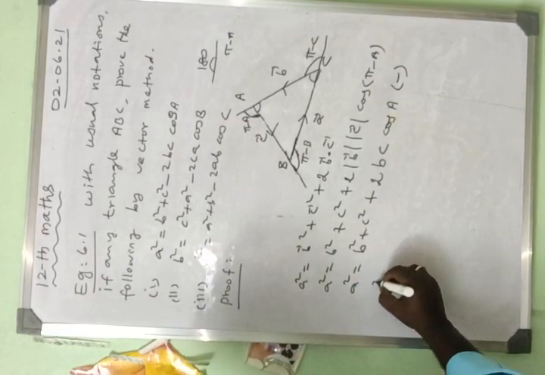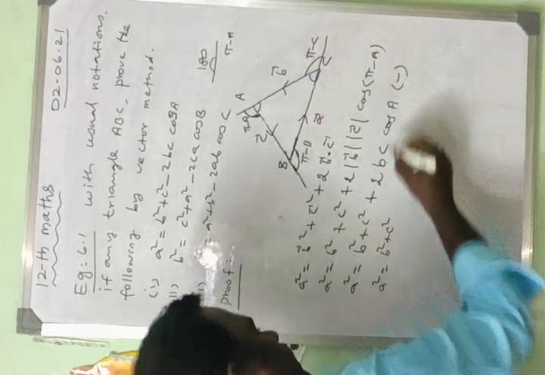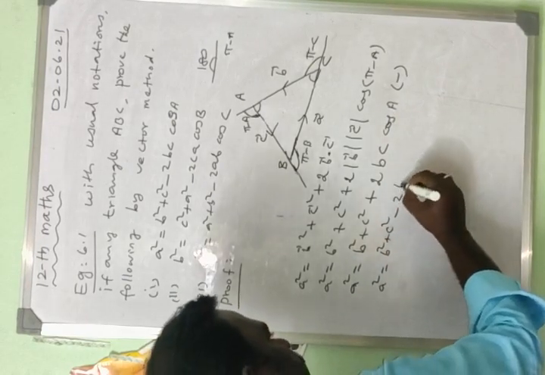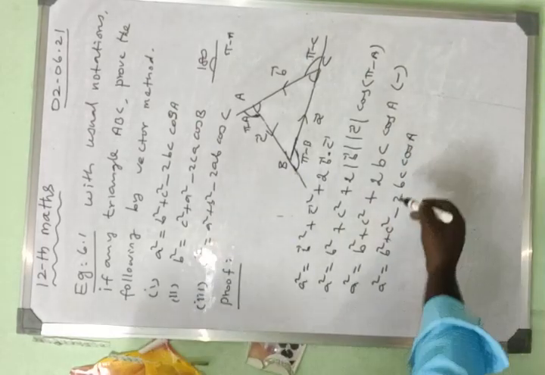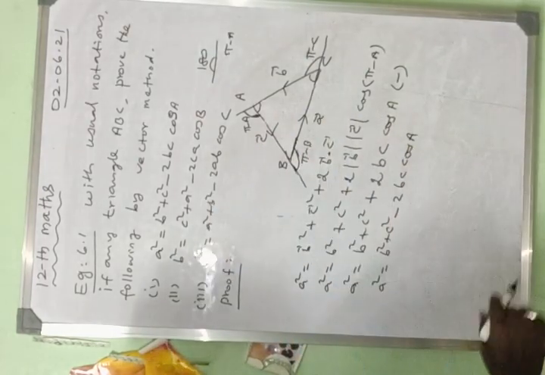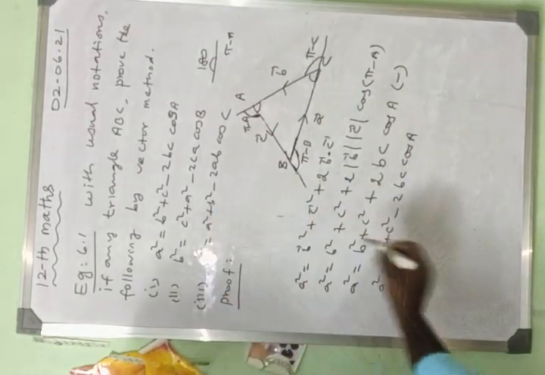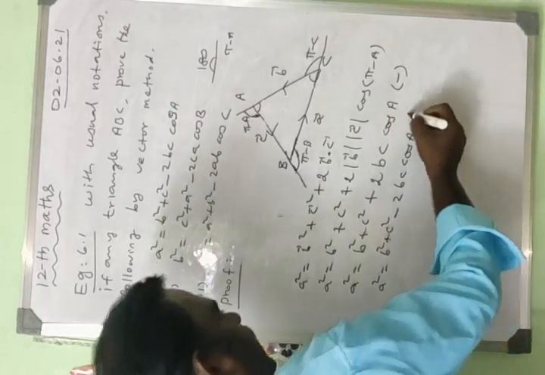So A square equals B square plus C square plus minus 2 BC cos A. Yes, the minus term changes to the left side, the A square changes to the right side. Proof over. A square is equal to B square plus C square minus 2 BC cos A. That's all.